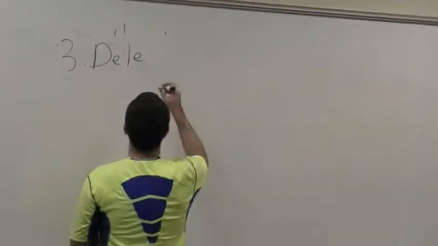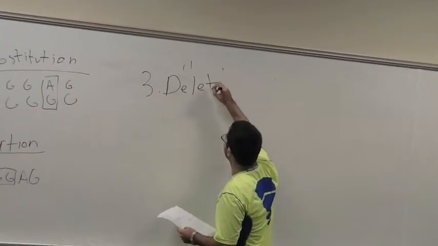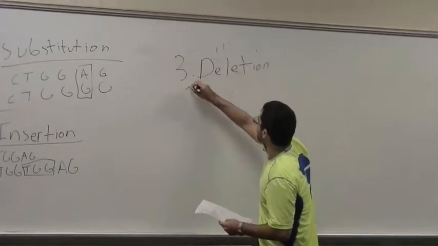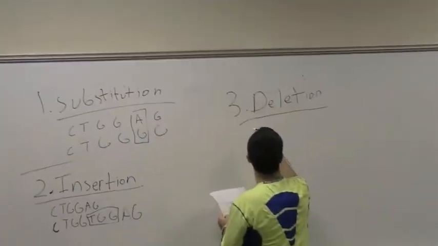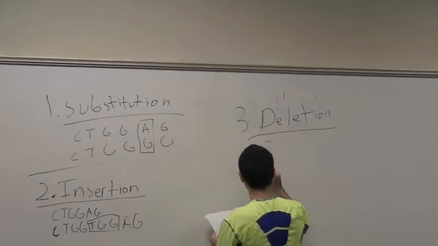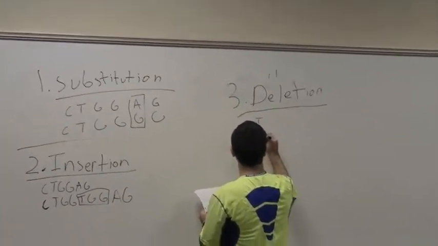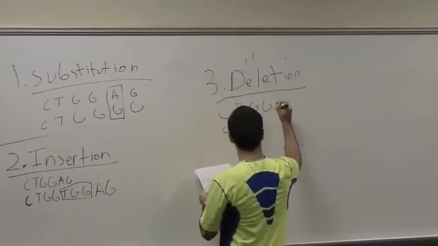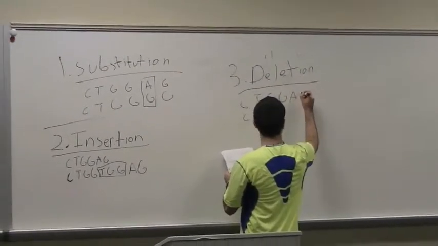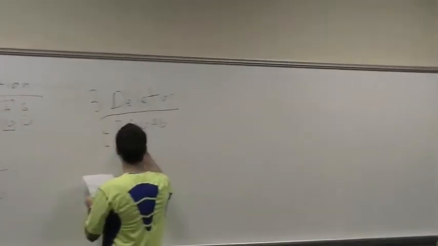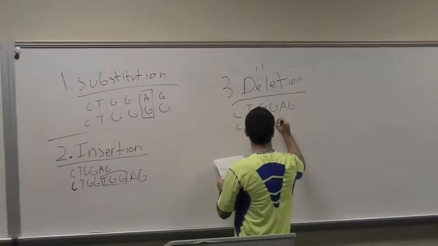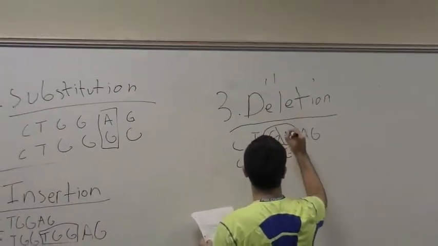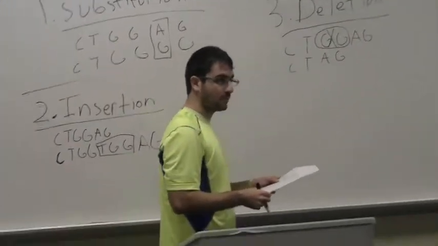So the third one, deletion. And the two that were deleted were the double G. Now, what does that do to the chromosome?